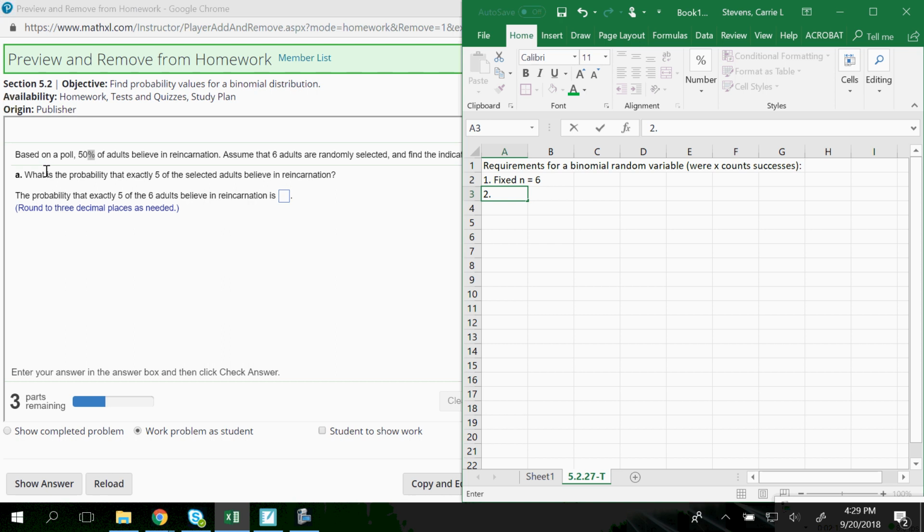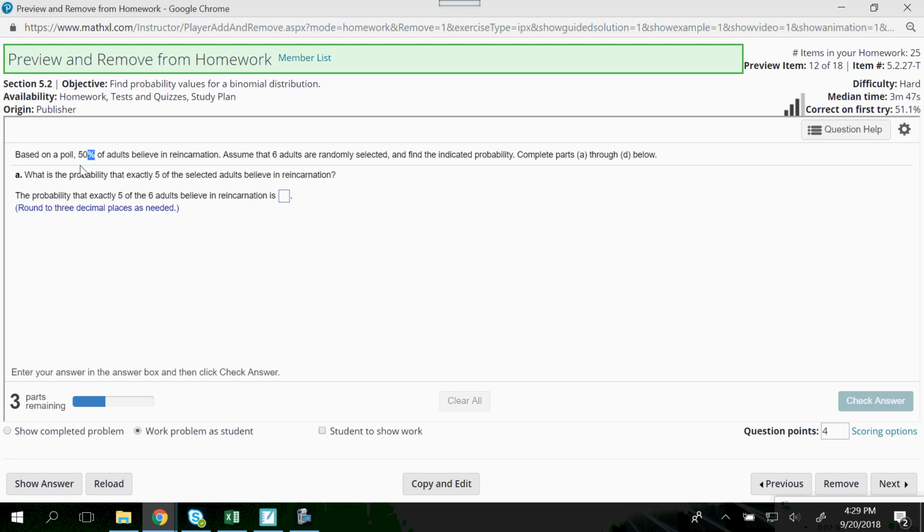So in each trial, what is the question that's going to be asked, or what is being tried? We're going to do a poll, and we're going to try this poll on 6 people. And every time we ask an adult this question, we will have a 50% chance that they will say they believe in reincarnation.